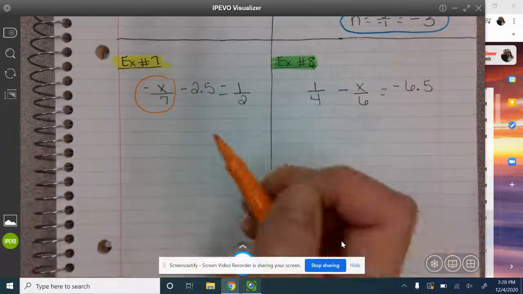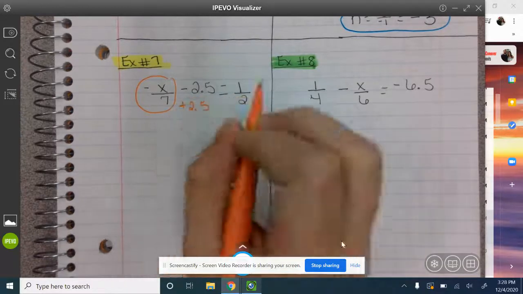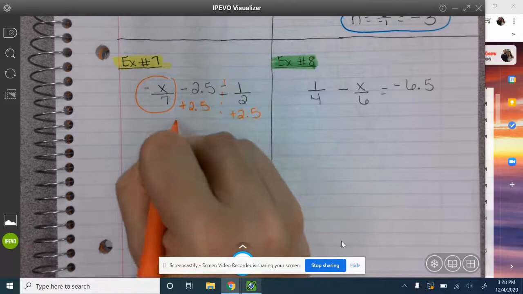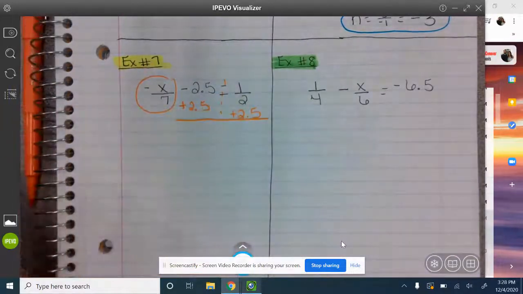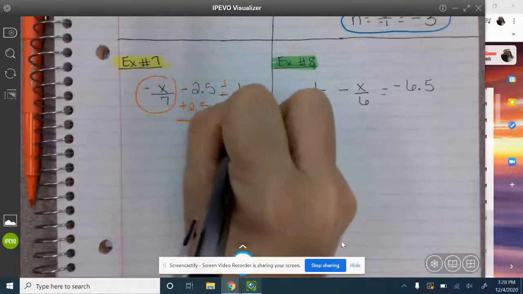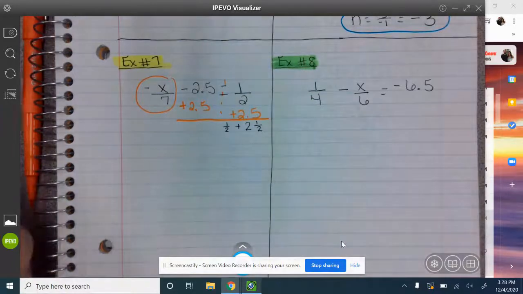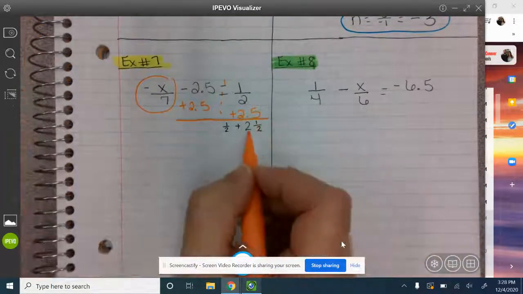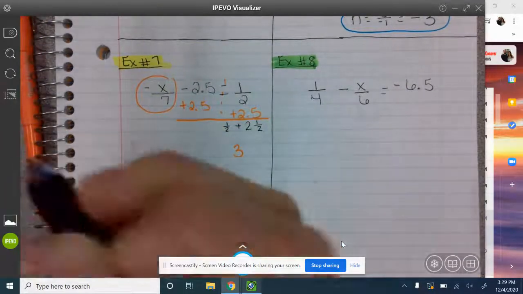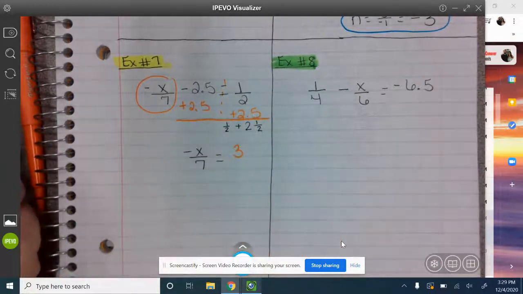So to undo minus 2.5, we're going to add 2.5 to both sides. Now, when I'm trying to add a fraction and a decimal, I want you to remember that 1/2 plus 2.5 is the same as saying 2 and 1/2. 1/2 plus 2.5 is 3. So we have negative x over 7 equals 3.